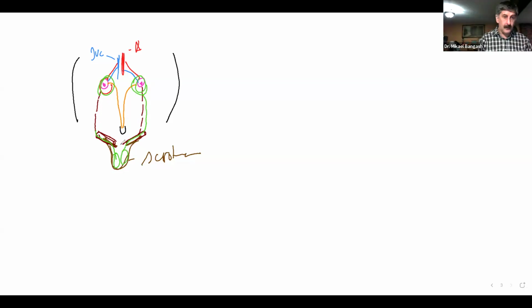Okay, so we can mainly say that this journey of the testes from the lower abdomen through the pelvis, along with the blood vessels, which are just going to get longer and longer as the testes descend.